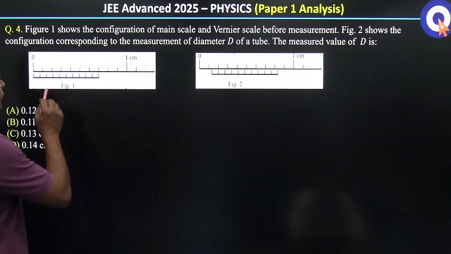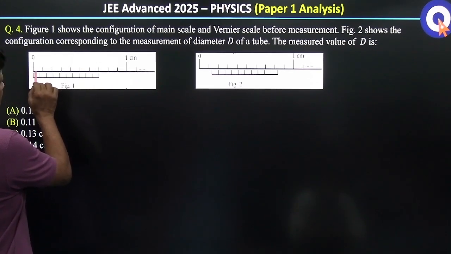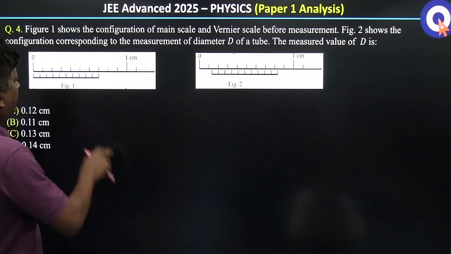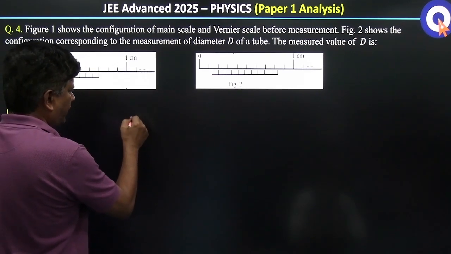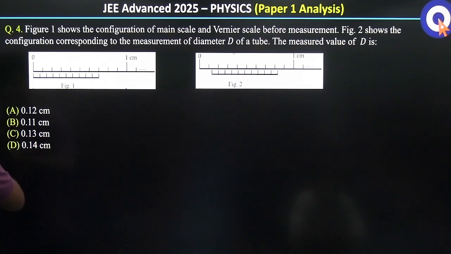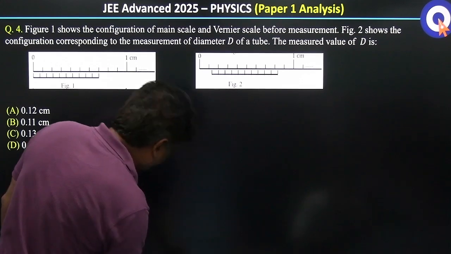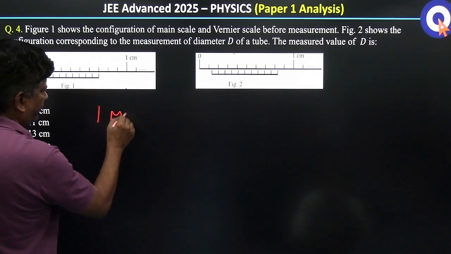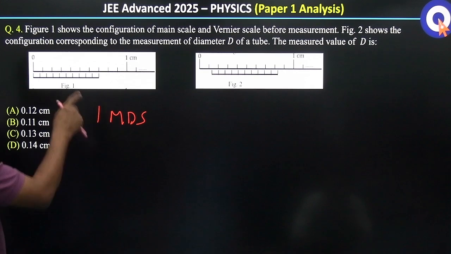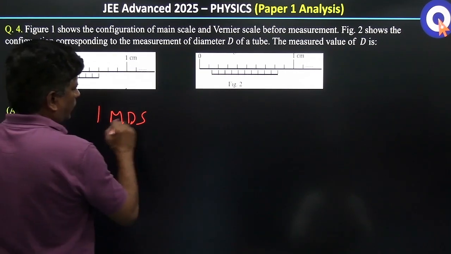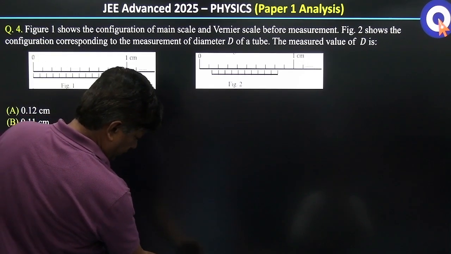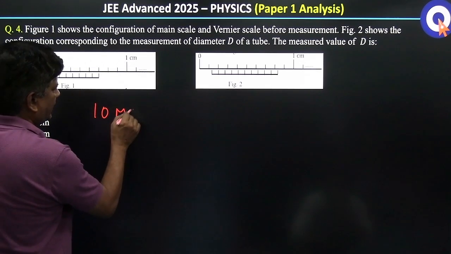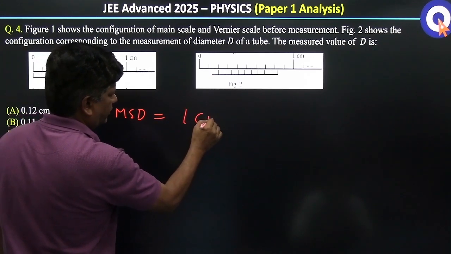Second thing, if you observe the main scale, there are 10 divisions, and 10 divisions correspond to 1 centimeter. So obviously the value of one main scale division, according to the diagram that is given to us, is this: 10 main scale divisions are equal to 1 centimeter.